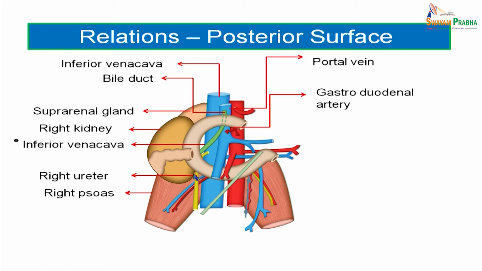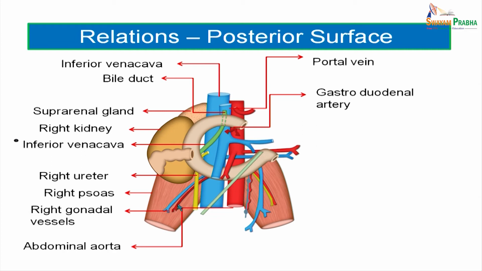Next, coming to the third part, these are the structures. Again we start from the inferior vena cava. You can see the relation of the inferior vena cava to the third part here. Then we have again the part of the right ureter being related to the third part. We have the right psoas also being related to the third part. Then we have the right gonadal vessels and the abdominal aorta also being related to the third part.